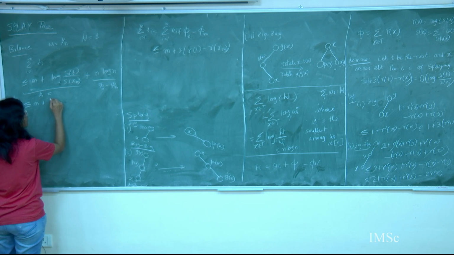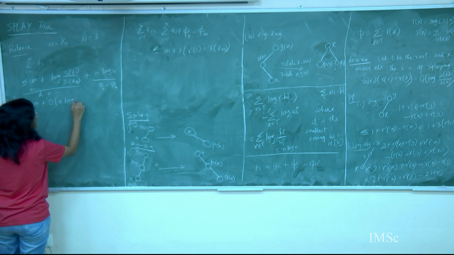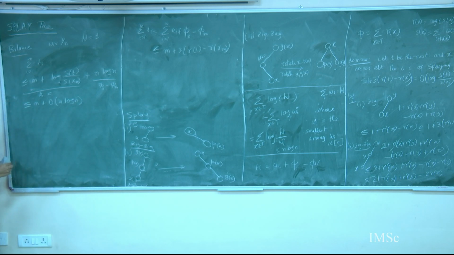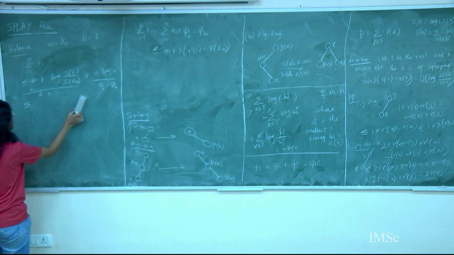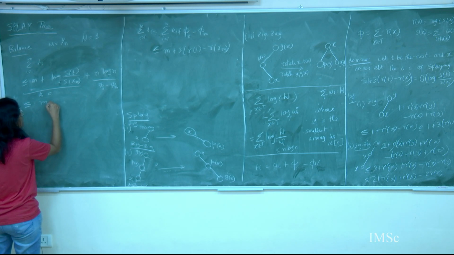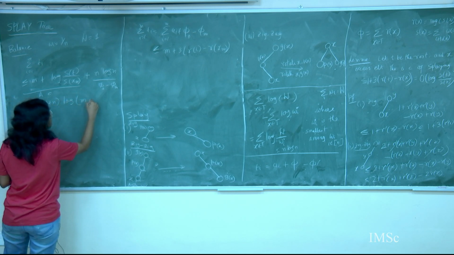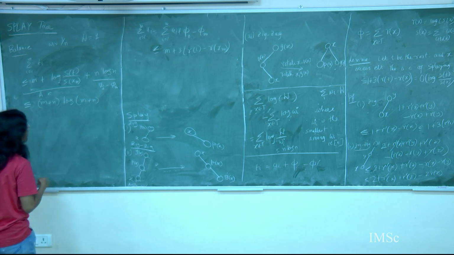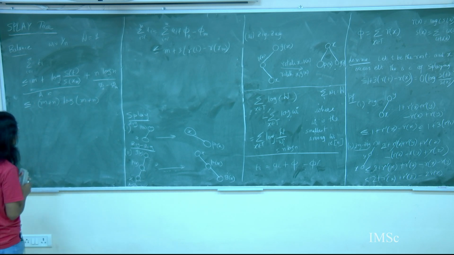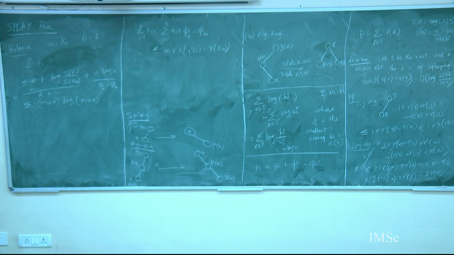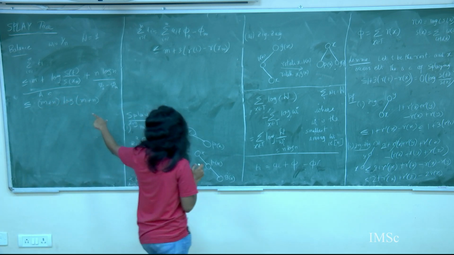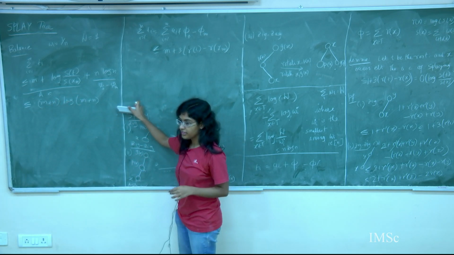So it is m plus order of, or I should write it like m plus n log of... Is it clear how it is coming from here to here?